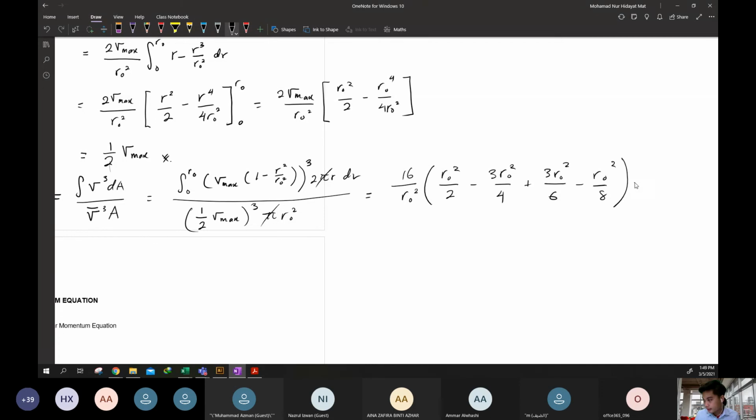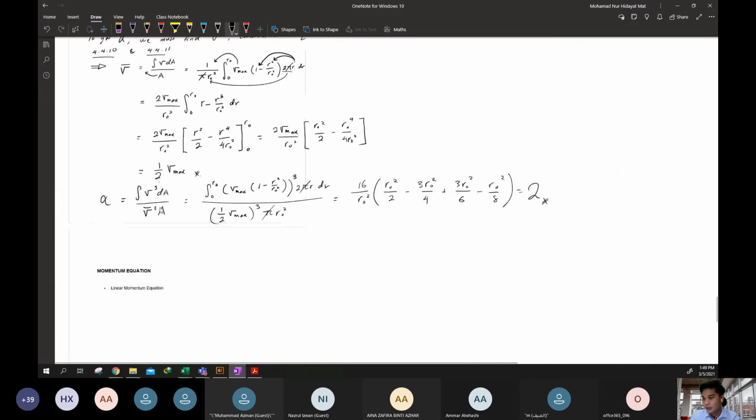The final answer is 2. It is very difficult only to get 2. So our alpha, the kinetic energy correction factor, is equal to 2.